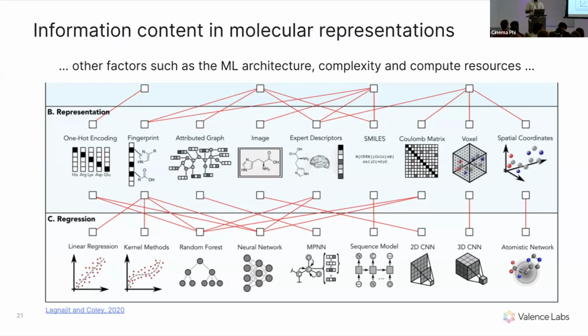Same if you use a SMILES representation, you cannot really use your state-of-the-art GNN for that. You might be able to try, it might actually work, but it's not intuitively the thing that you should think about when you are using that text representation. So thinking about the representation also involves thinking about which type of machine learning algorithm I want to use on top of that representation.